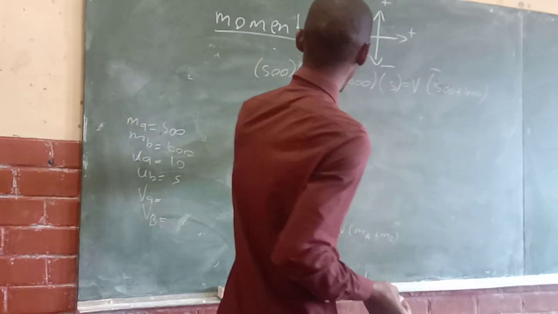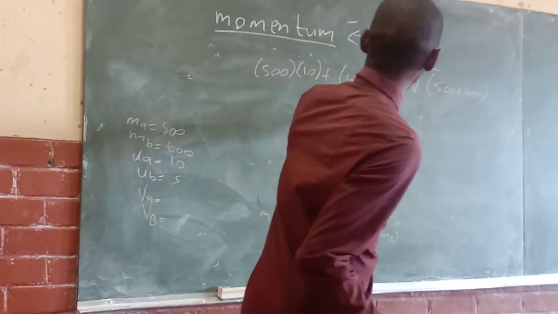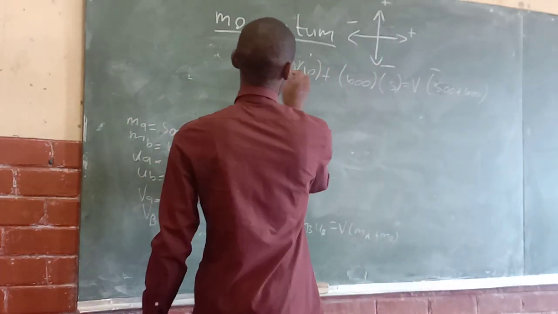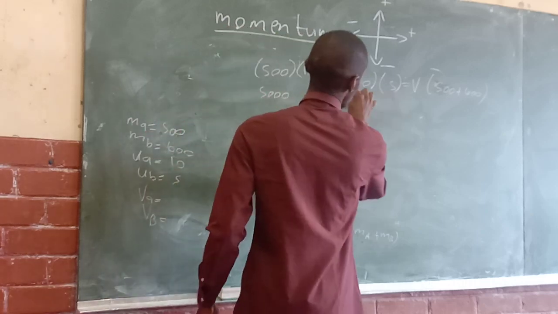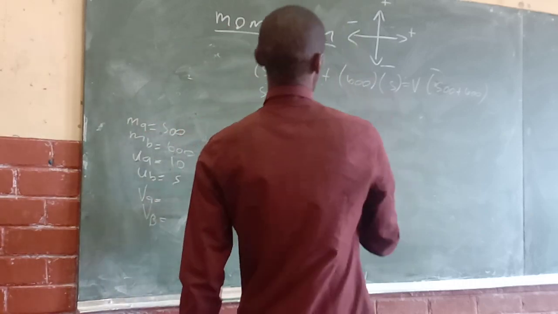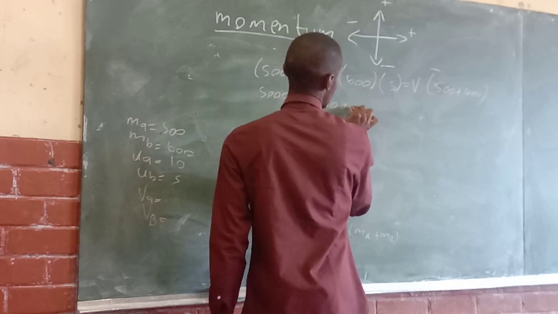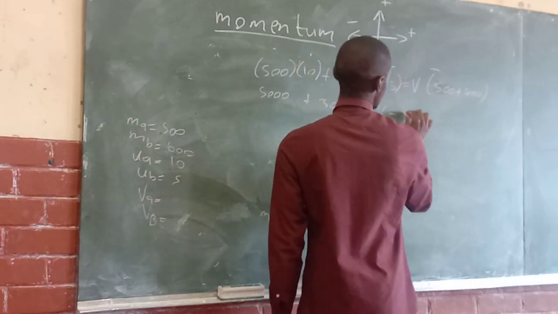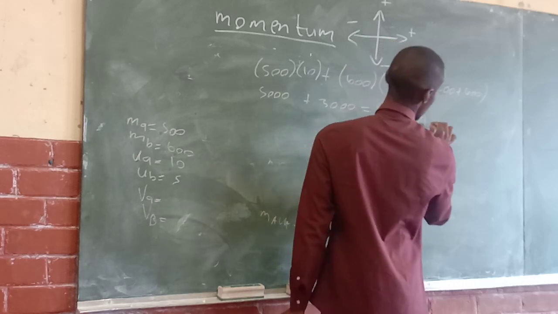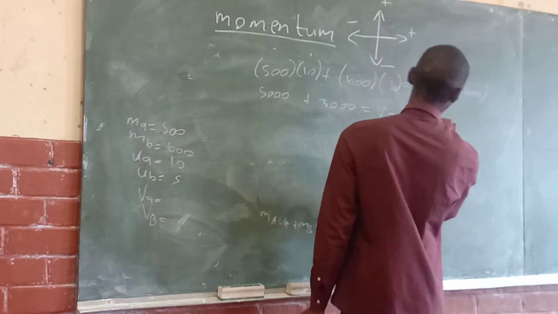Okay, so these are all the units that I have. I add all this up on the left hand side. So 10 times 500 will be 5,000, and 5 times 600 is 3,000. 500 plus 600 will give me 1,100.